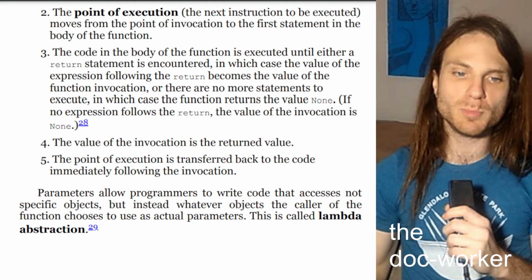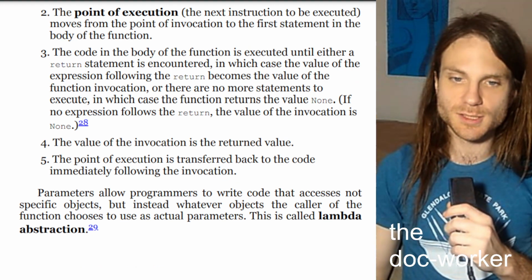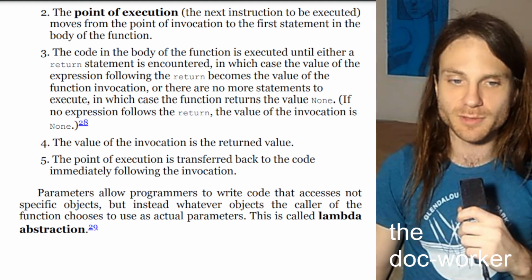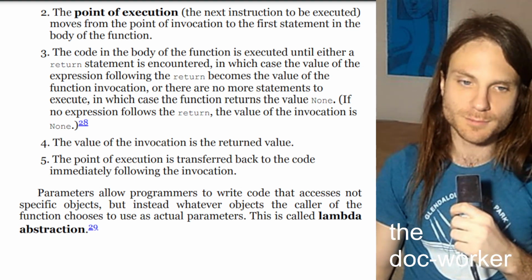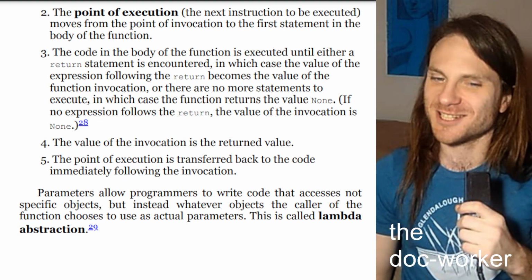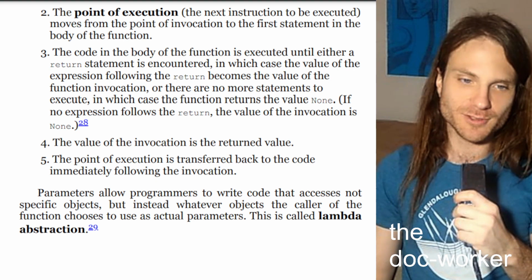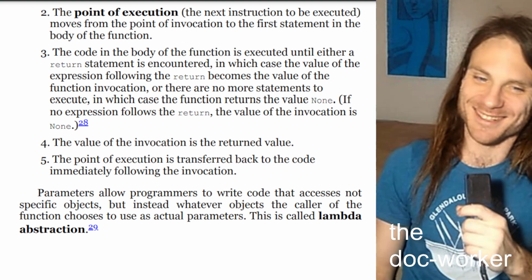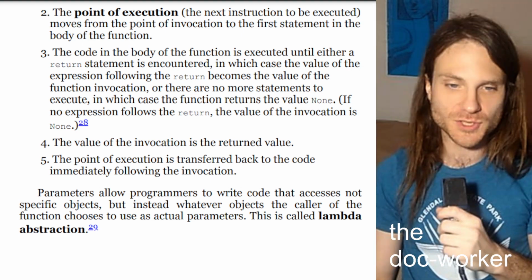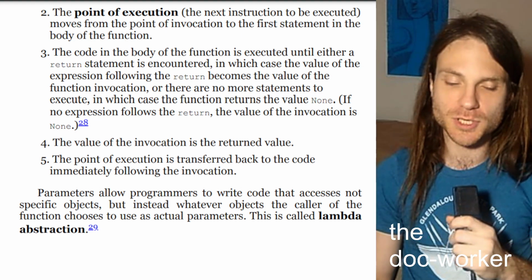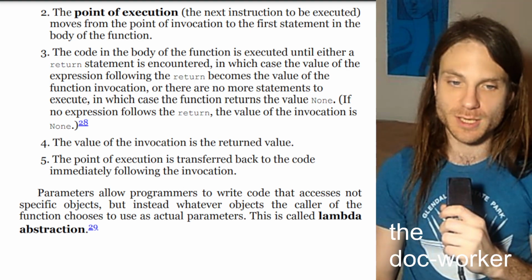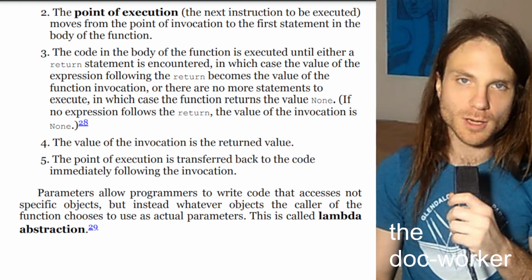2. The point of execution, the next instruction to be executed, moves from the point of invocation to the first statement in the body of the function. 3. The code in the body of the function is executed until either a return statement is encountered, in which case the value of the expression following the return becomes the value of the function invocation, or there are no more statements to execute, in which case the function returns the value None.